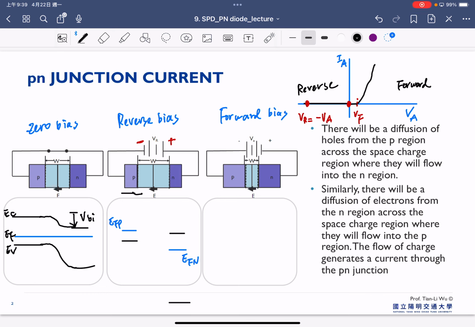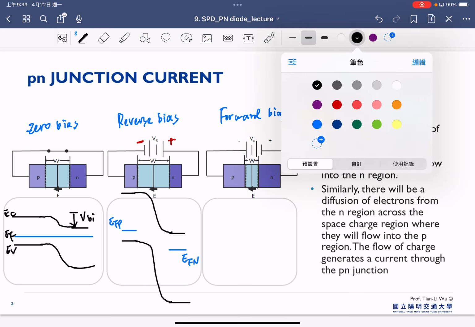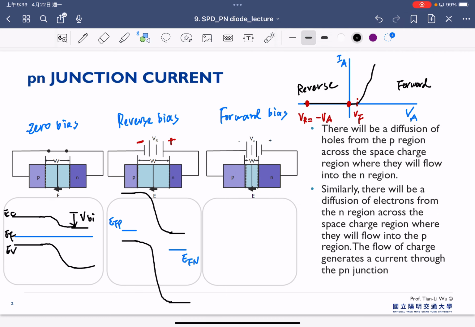Therefore, we can expect the band diagram to become like this, which leads to an increase of the built-in voltage to VBI plus VR, our reverse bias voltage.